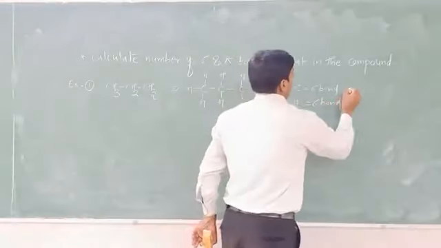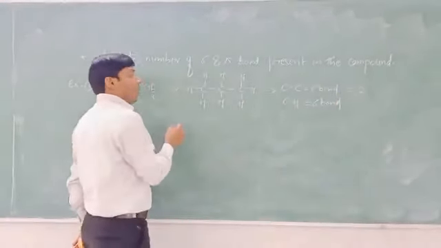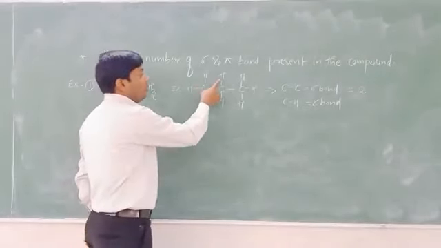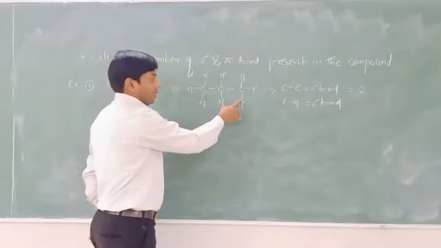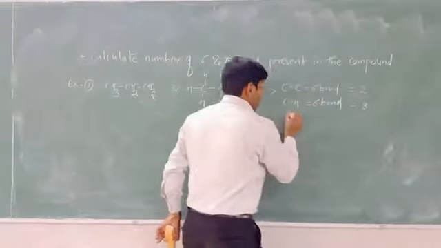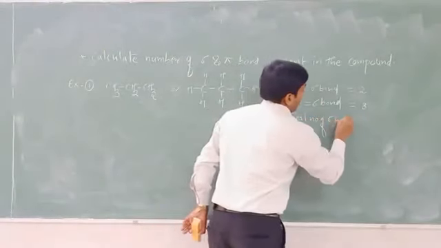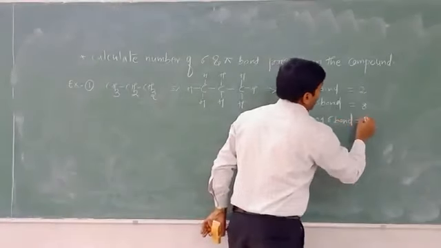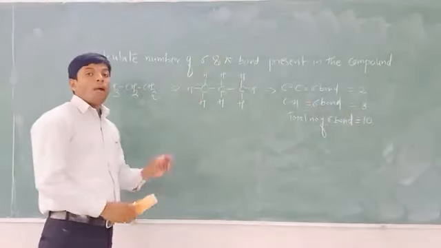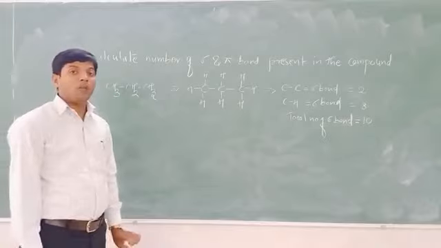So the total number of carbon-carbon sigma bonds is 2. How many carbon-hydrogen sigma bonds are there? 1, 2, 3, 4, 5, 6, 7, 8. So 8 are there. The total number of sigma bonds present in the molecule is 10. Is there any pi bond? No, there is no pi bond. Likewise you have to calculate the number of sigma and pi bonds present in the compound.